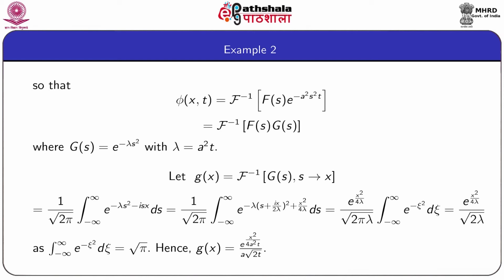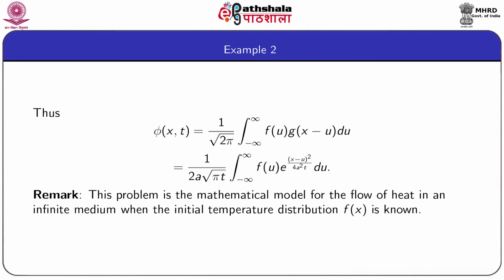So, with this knowledge of g(x), we can find small phi(x,t) from this formula, that is the Fourier inversion of capital Fs into capital Gs, by using the convolution theorem, as phi(x,t) equal to 1 by root 2 pi integral minus infinity to plus infinity small f(u) small g(x minus u) du.